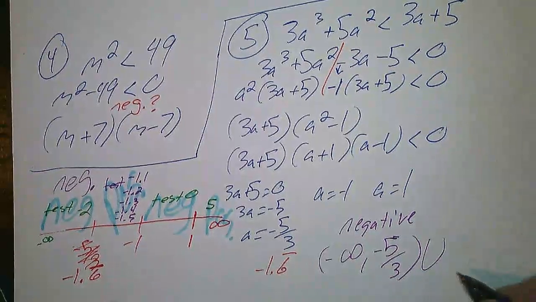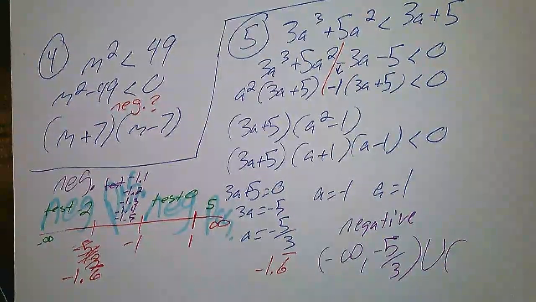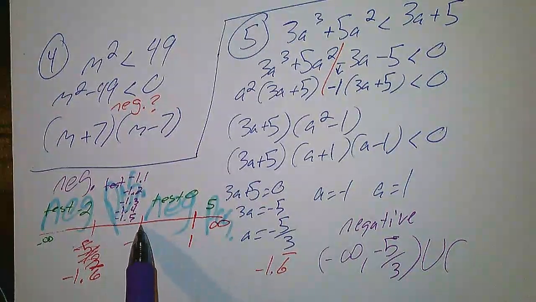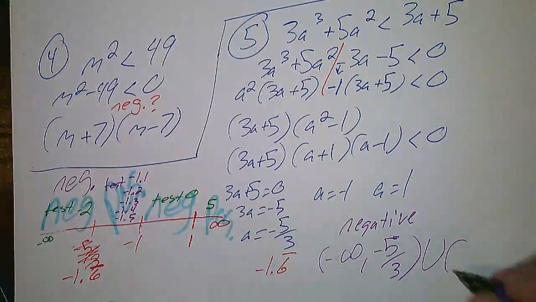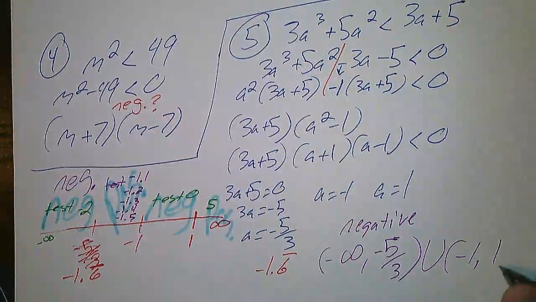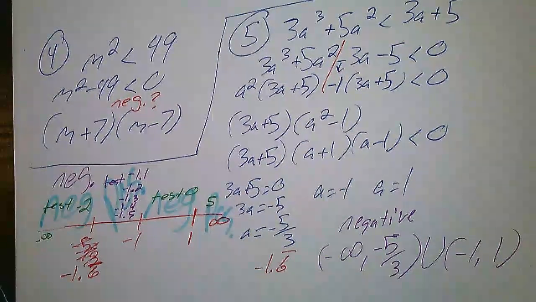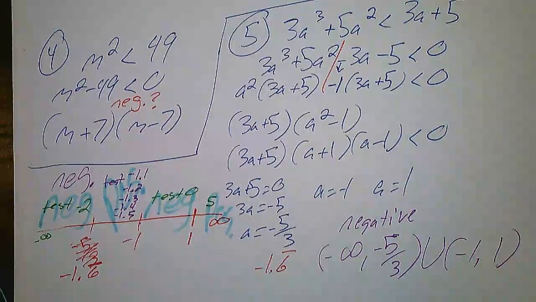Here you would have to use -5/3 in Alex. And then we were also negative from -1 to +1. And that's what we would put into Alex, because it wants the interval notation of where the polynomial is less than 0. So I hope that helps. Let me know if you have any questions.